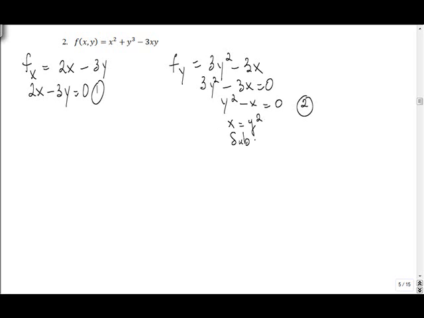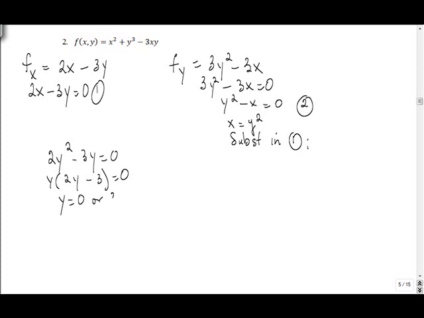So substitute in 1. So 1 becomes 2y squared minus 3y equals 0. Now you can solve that. Factor out the y. 2y minus 3 is 0. So y is 0 or 3/2.